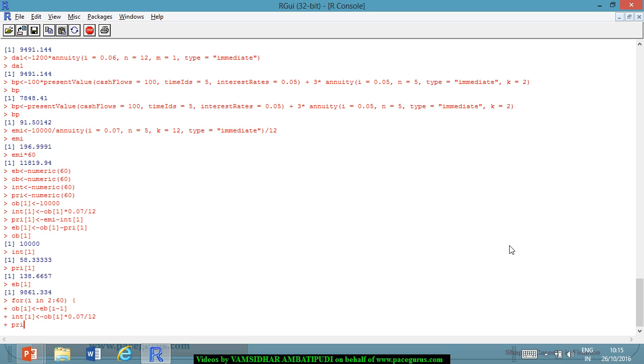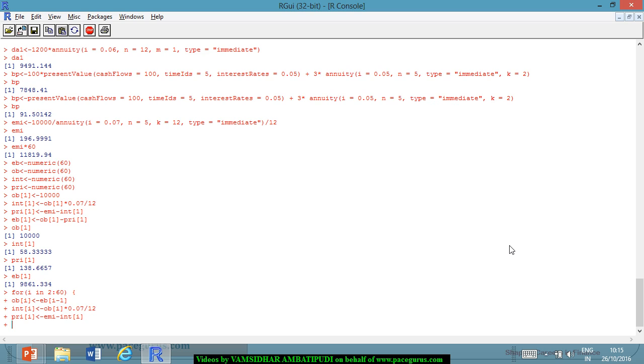Then principal of I will come out as EMI minus the interest of I. Ending balance is a critical one.